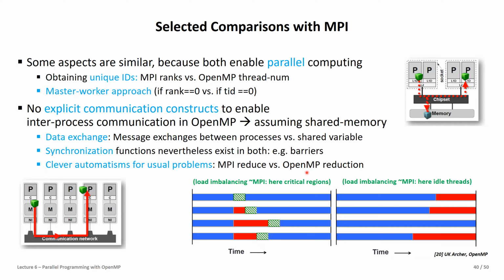Here it's about critical regions instead. So in OpenMP, you have also something which is similar to load balancing with MPI when you do barriers and so on. And here you have an idea that critical regions, of course, can be executed only by one thread at a time, which in other words means there are some extreme threads here that wait a long time to just enter this critical region to just continue what's afterwards.